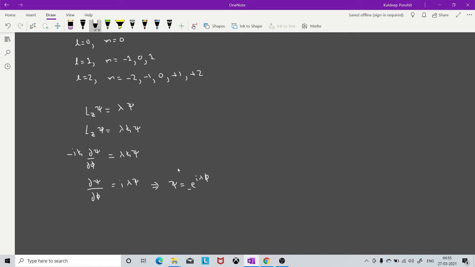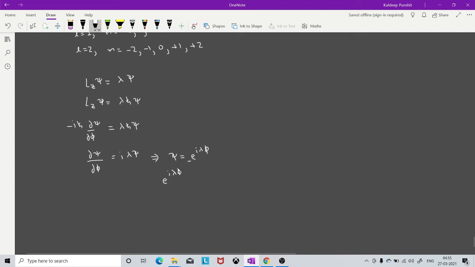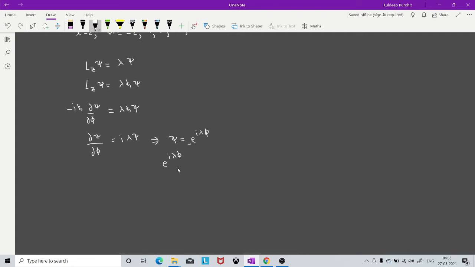Now e to the power i lambda phi is a kind of solution for this, but you know that the value of phi is limited to 0 to 2 pi.